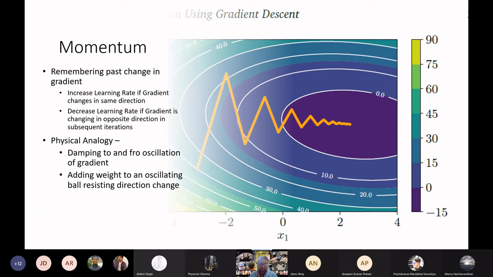Similarly, if it is decreasing in the same direction, we can increase the amplitude. But if it is opposite, that is going up and down, then we can reduce the rate of change. A physical analogy is a pendulum: as if I am damping the pendulum so that it reduces the to and fro oscillation, or I am adding more weight or making it heavier so that it stops going back and forth, and rather tries to follow the same direction.